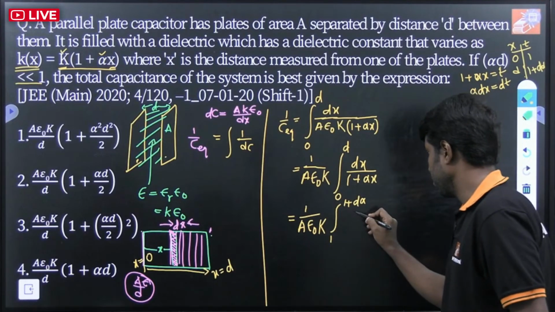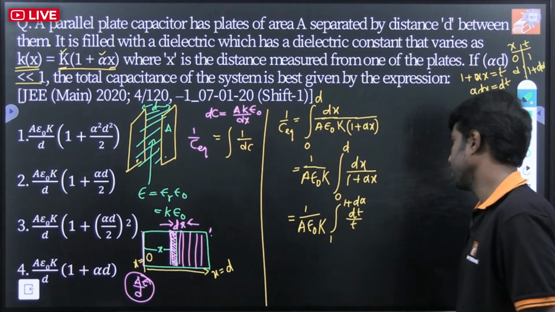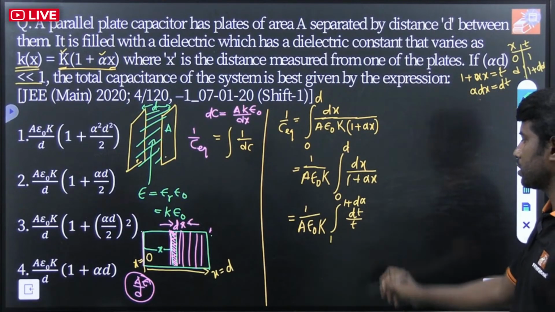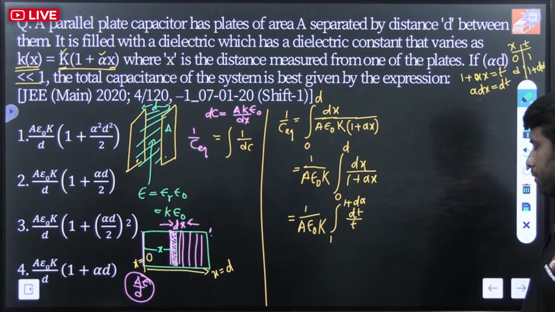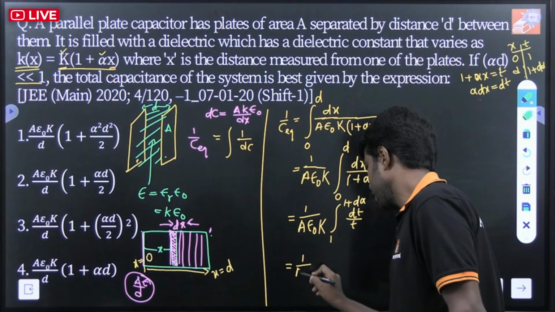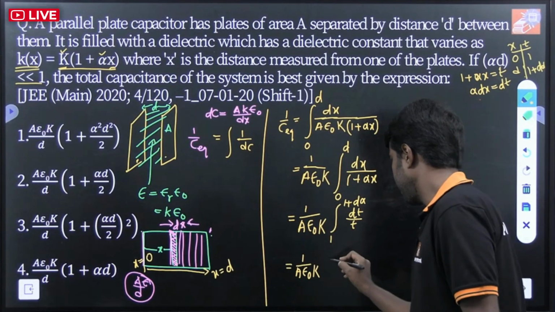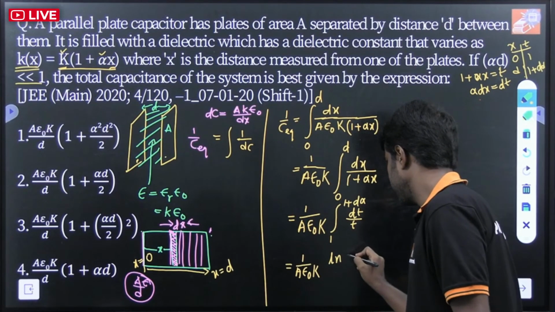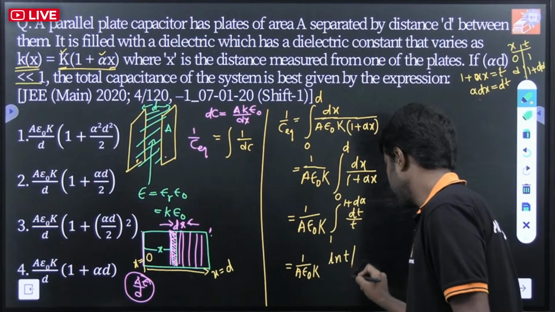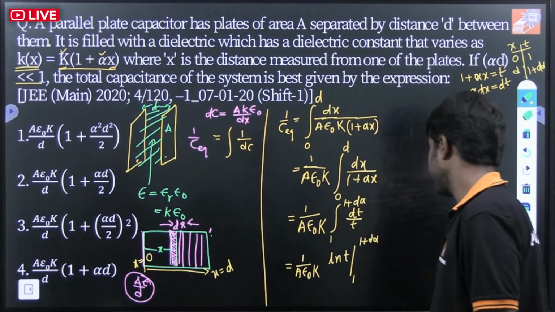Now that will become dt by t. Of course, the integration of dx by x is the logarithm of x, or ln x. So we have 1 by A epsilon naught K, and this one is ln t with limits 1 and 1 plus d alpha.